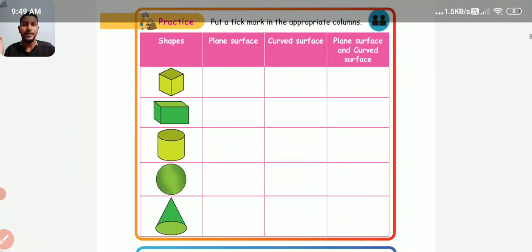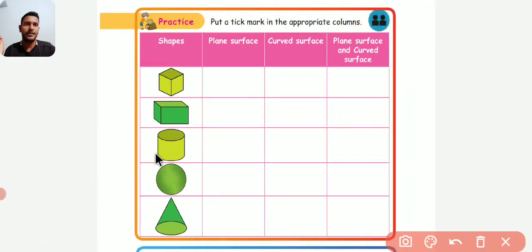Third one, cylinder. Here the top of the cylinder is a flat surface, therefore it has plane surface. And here we have a circle, circular surface, that means curved surface, therefore it has curved surface also. So it has plane surface and also curved surface, therefore we have to tick in the third column, plane surface and curved surface.